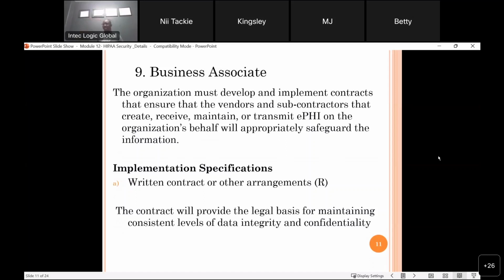Then business associates. The organization must develop and implement contracts that ensure that the vendors and subcontractors that create, receive, maintain, or transmit EPHI on the organization's behalf will appropriately safeguard the information. That is all the business associate agreement does. That is a written contract or other arrangement. It needs to be a written contract. That's what we probably call a business associate agreement, right? All that is saying is, look, I'm going to share my patients' records with you.